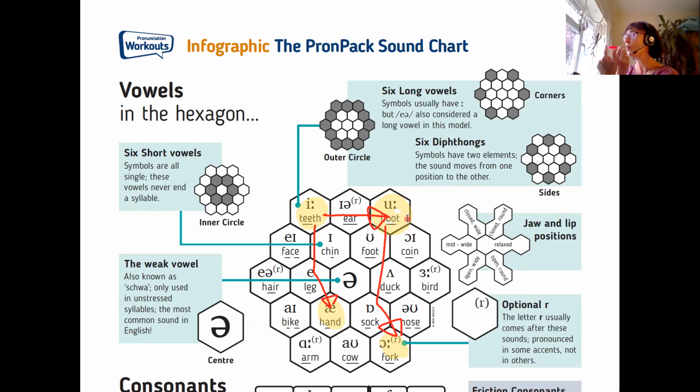So you should see this pen going backwards and forwards. This is because the tongue is going forwards and backwards in my mouth. So over here my tongue is forwards, e, but over here my tongue has actually gone backwards, oo.